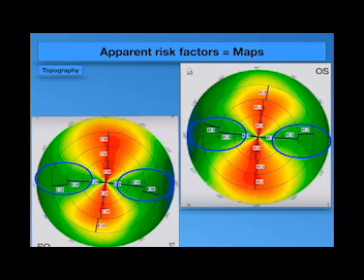This is called the I-S, inferior superior asymmetry, in some printouts called ISA, or the index ISI.